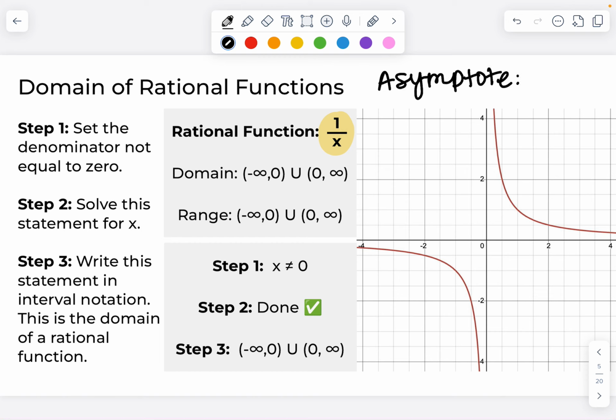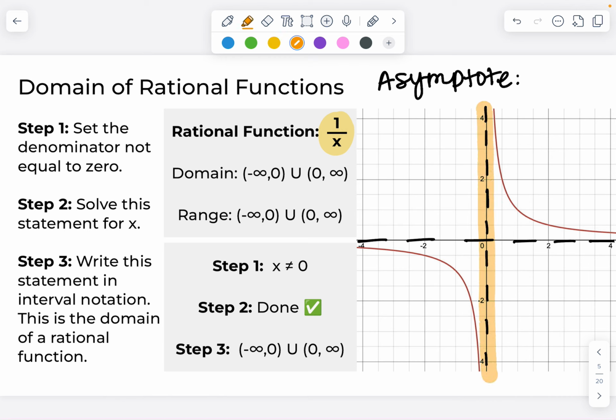So there are asymptotes on this basic graph at our axes. These dashed lines that I'm drawing in represent two asymptotes, one horizontal, one vertical. Both are at the axes, so let me color code.